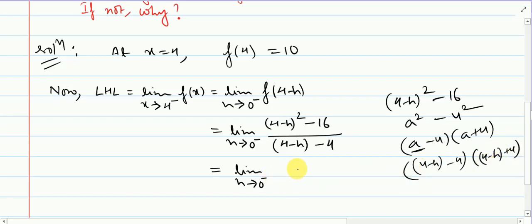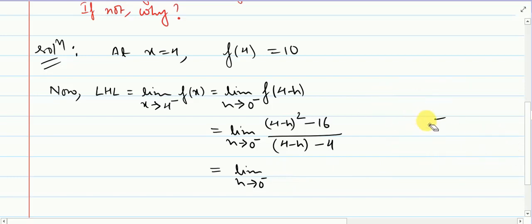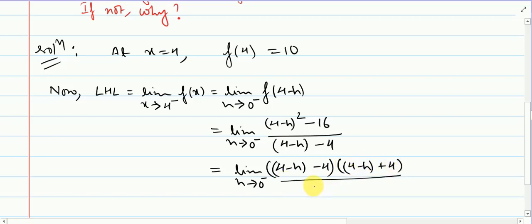So let us write this: (4 minus h minus 4)(4 minus h plus 4), and down 4 minus h minus 4.